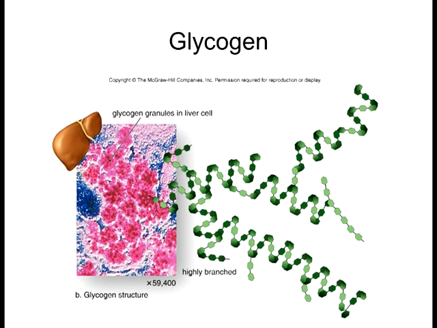But we don't store it. Animals don't store their polysaccharides as starch. When we eat the starch, we break it up into individual little monosaccharides and we get energy out of it. And whatever's left over, we restructure through dehydration synthesis into a slightly different molecule. It's a little more highly branched, as you can see, called glycogen.